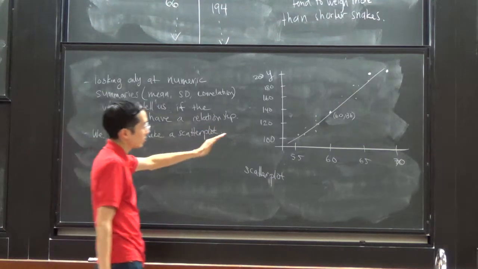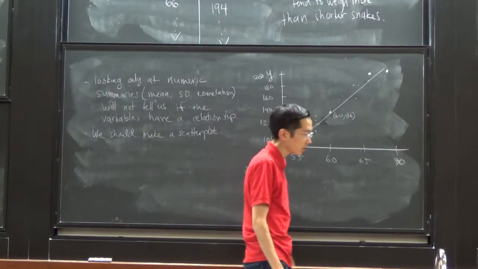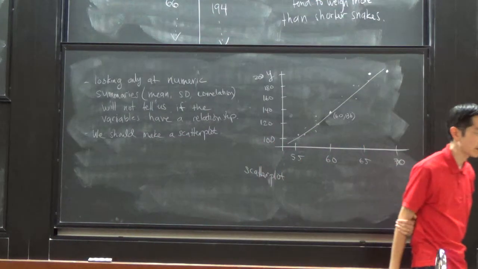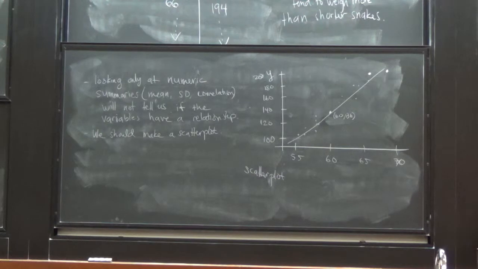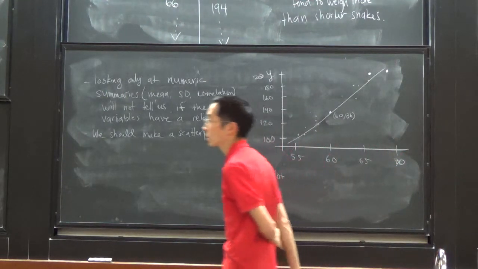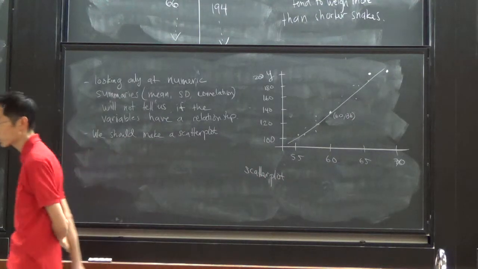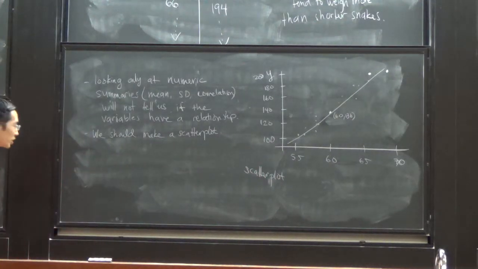Okay. So when we create scatter plots, and we're graphing numeric variables, we can talk about the relationship that exists. And so when describing a relationship, there are a few things we want to mention.